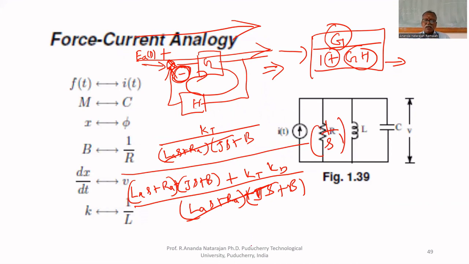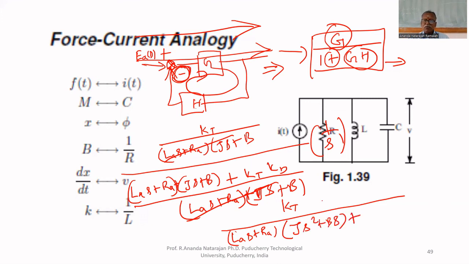So what you will get here, KT upon LAS plus RA. If you bring that S here, you will get JS square plus BS plus, if you bring that S to this also, KT KBS.